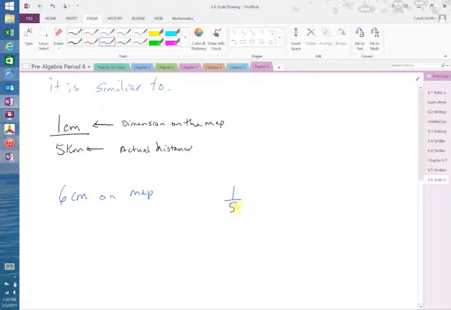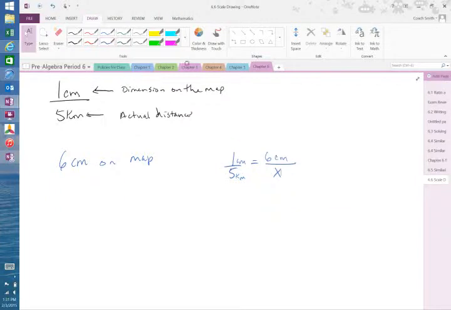Once again, this is kilometers and this is centimeters. We know that it's 6 centimeters on the map, so I have 6 centimeters on top. What goes on bottom is the x, because we don't know what the actual distance is if it is 6 centimeters on a map. Now we just use cross multiplication to solve it.